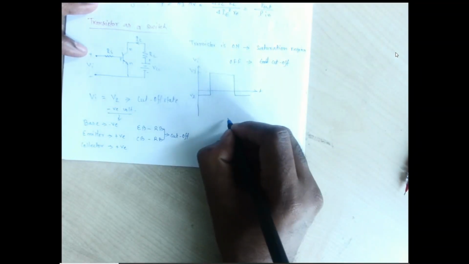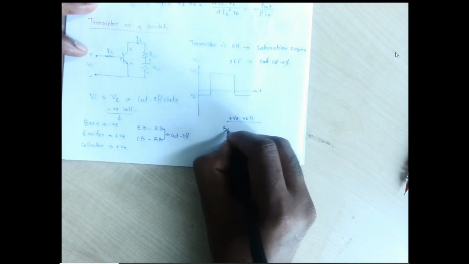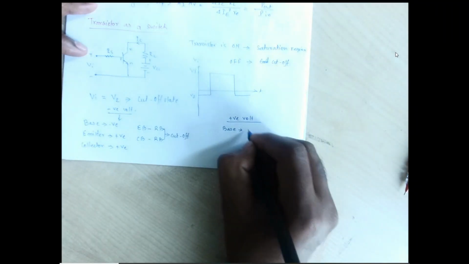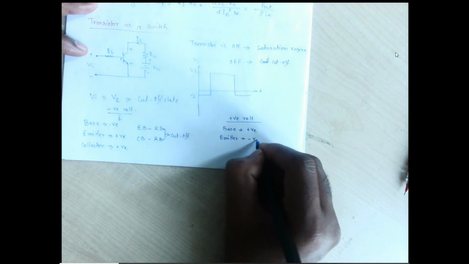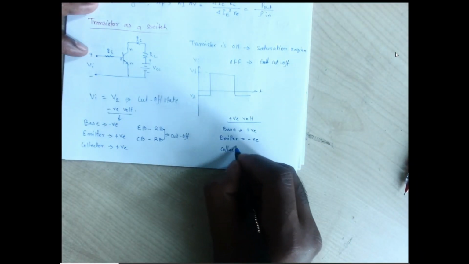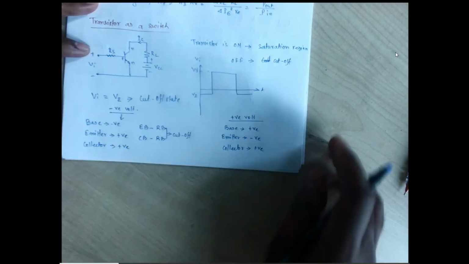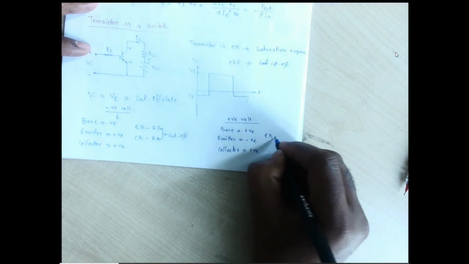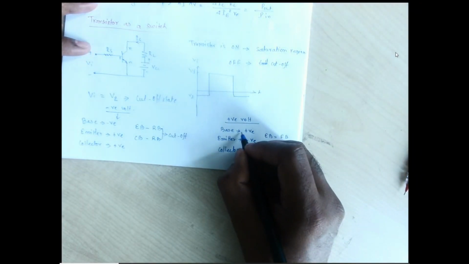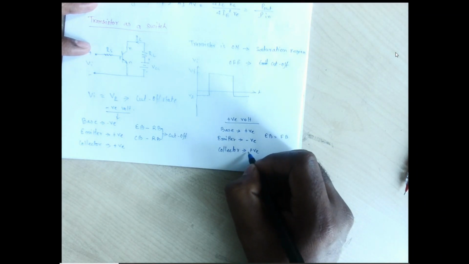Now let us change our input to V1, that is a certain positive voltage. Let us check. Base is in the positive, emitter is in the negative, and collector is always left with positive. So this emitter base junction is in the forward bias. Now the collector base junction. Positive has been given to this base, collector is also in the positive.